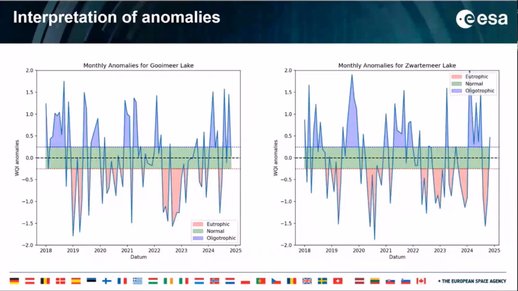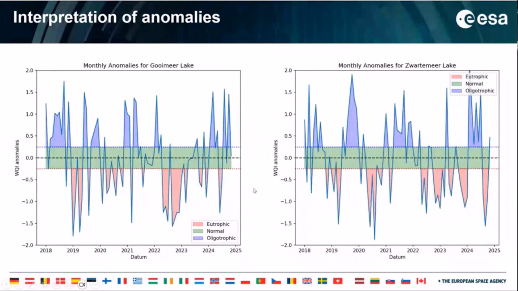So everything above 0 is good water, so it's oligotrophic. Everything below 0 is eutrophic. And then you could define a region where you consider it normal. Here I just put it as 0.5, so half of the standard deviation.